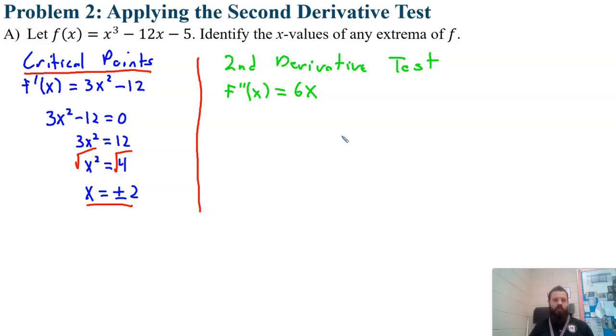Then to figure out whether we have a minimum or a maximum or neither, we'll plug our critical point values into that second derivative. Again, instead of looking for sign changes of the first derivative, we'll just plug them straight into the second derivative. So we'll look at f double prime of negative 2, which is equal to 6 times negative 2, which is equal to negative 12.